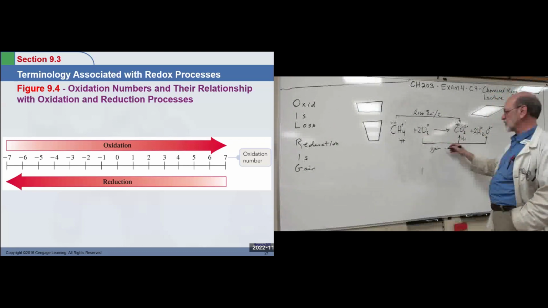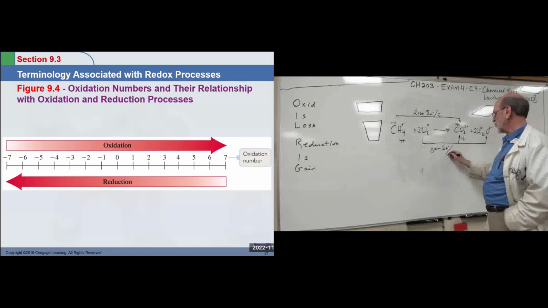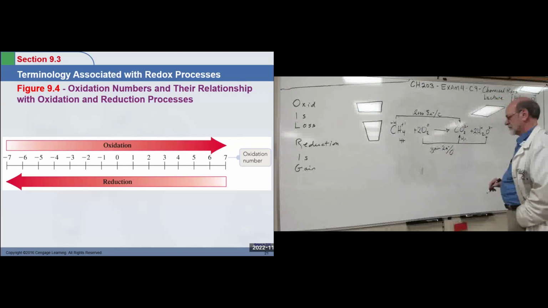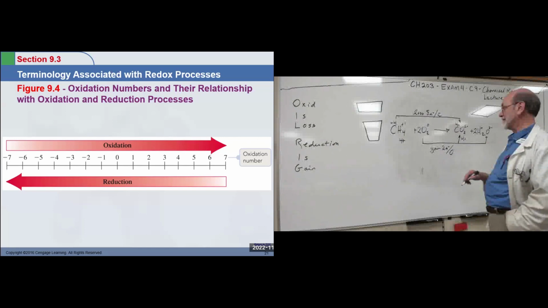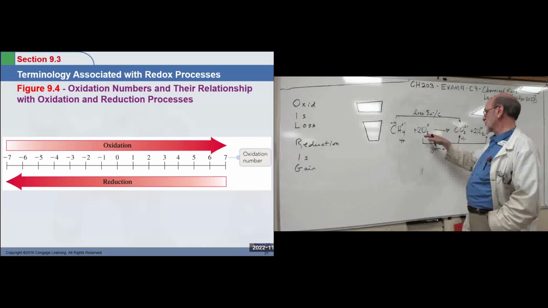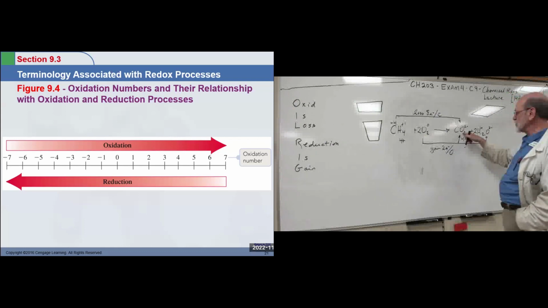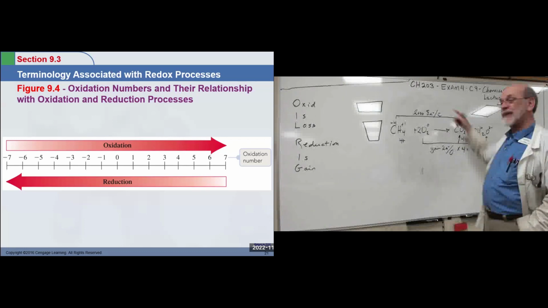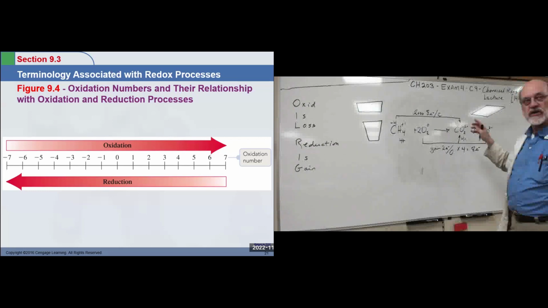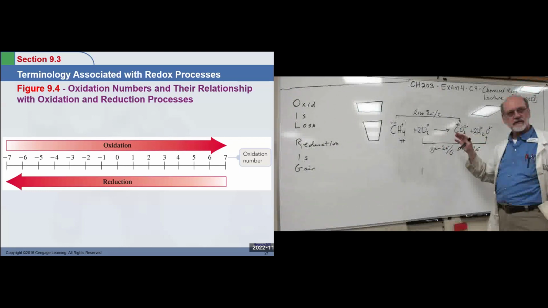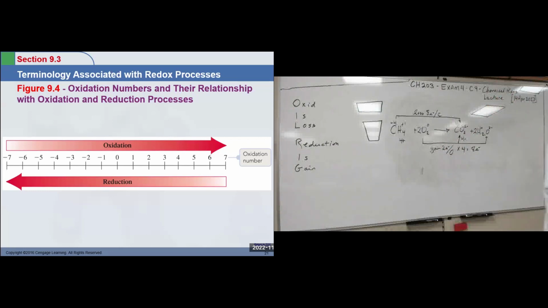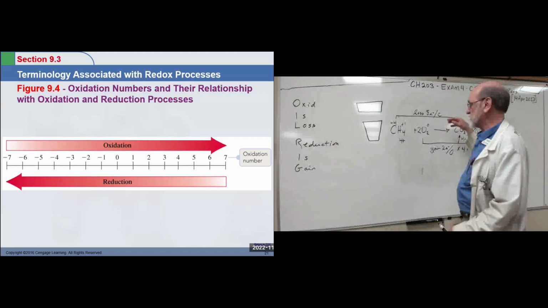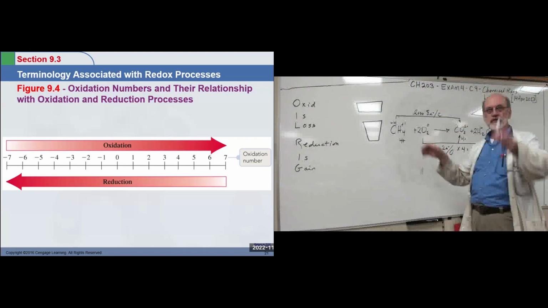It had to gain 2 electrons. 2 electrons per oxygen. All right? So how many oxygens do we have? Well, we have 2 here and we have 2 here. So times 4 equals 8 electrons transferred. So the electrons balance. And I like to use these arrows to direct me so I don't get confused on where things are going. If you just draw the numbers up there, sometimes you can get lost in the confusion.